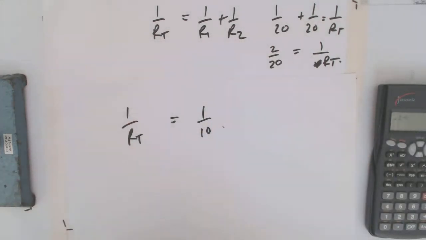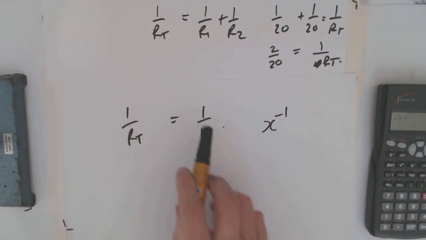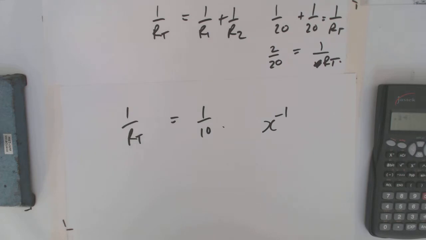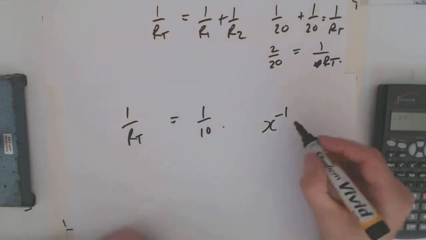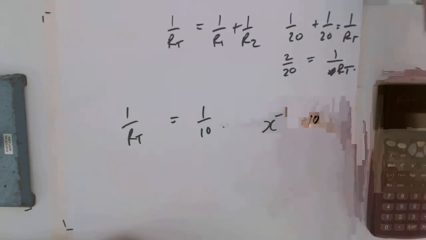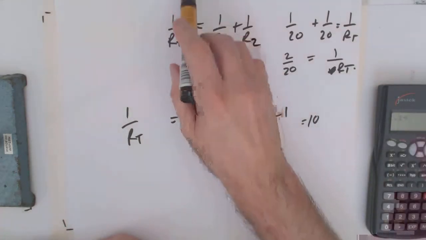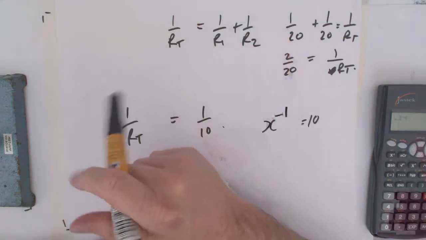So x to the minus 1 on your calculator takes the inverse. When you need to divide into 1 to get an answer, you just use x to the minus 1 and it will do it. It's very convenient, and that obviously equals 10. So this formula was able to work out the effective resistance in the circuit. We didn't have to work them out individually, so it was very nice for that.